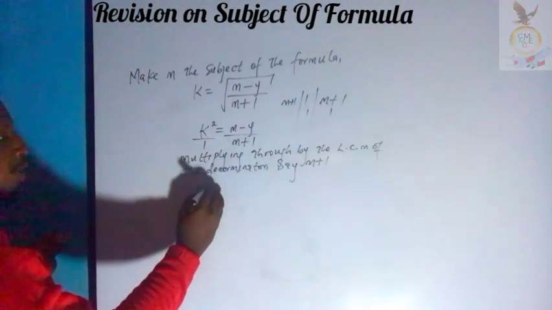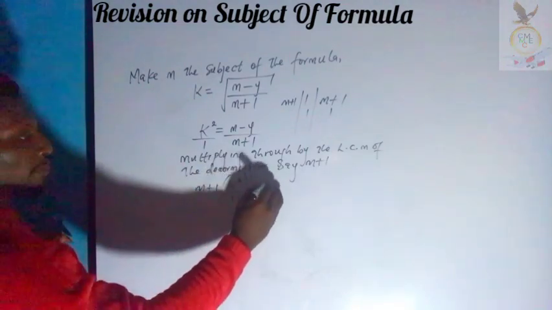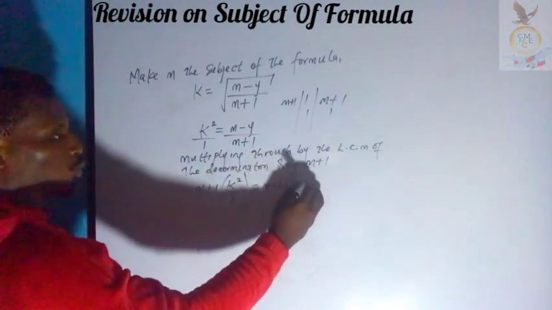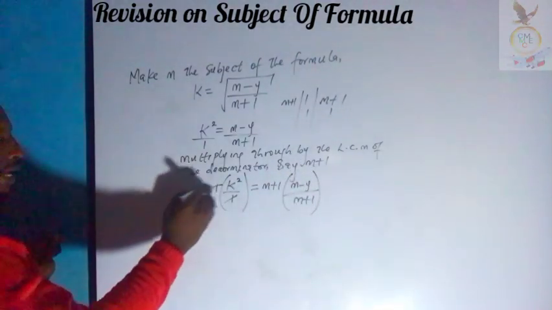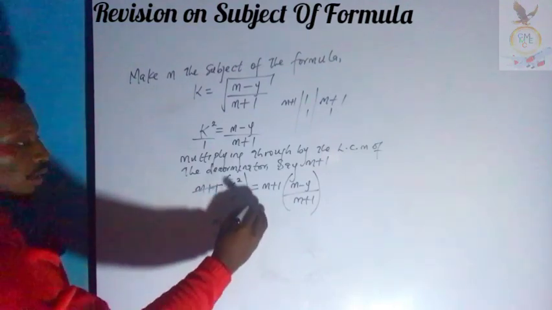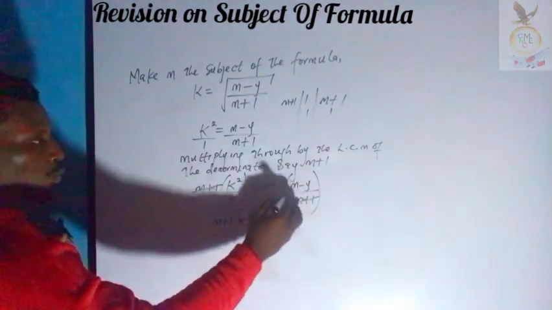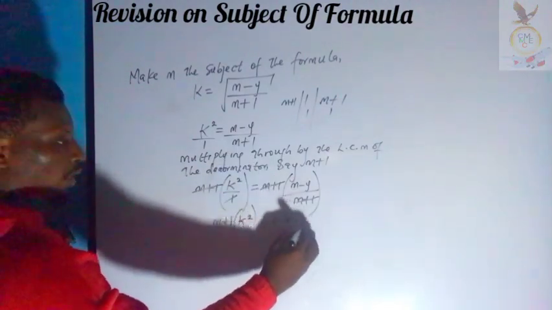So m plus 1 times k squared divided by 1 is equal to m plus 1 times (m minus y) divided by m plus 1. So 1 divided by m plus 1 will give us m plus 1 times k squared is equal to m plus 1 divided by m plus 1 to give us 1. Inside the bracket, we have m minus y.